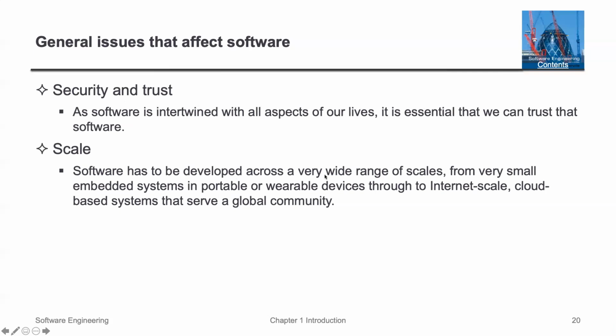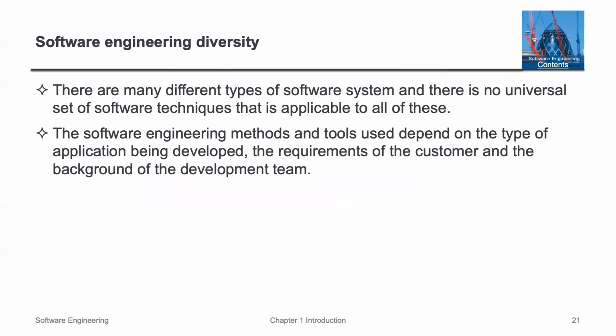Software has to be developed across a very wide range of scales, from very small embedded systems, portable or wearable devices, through internet scale, cloud-based systems that serve a global community. And so thus scalability is going to be important. What about diversity? There are many different types of software systems.